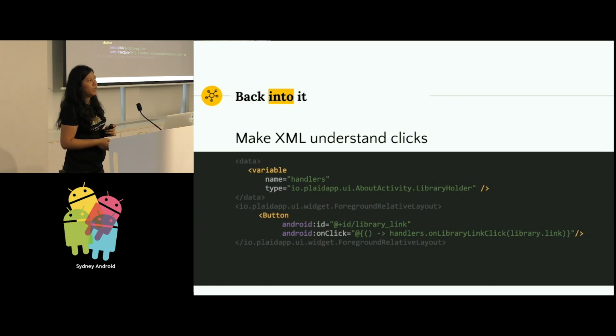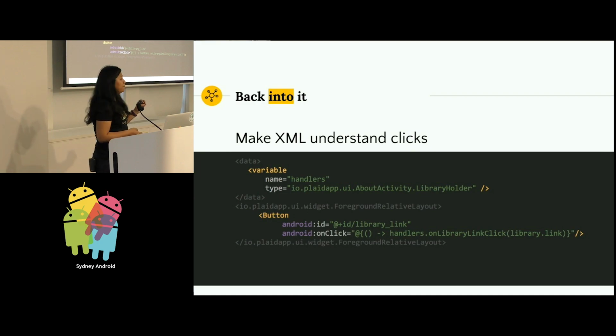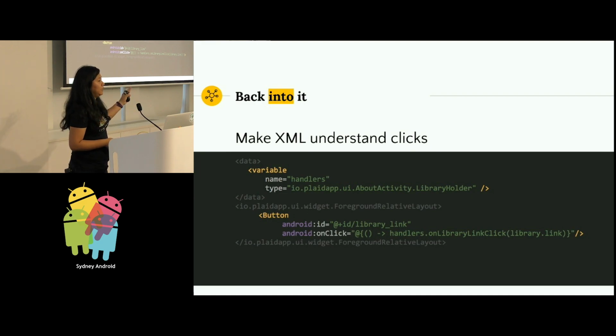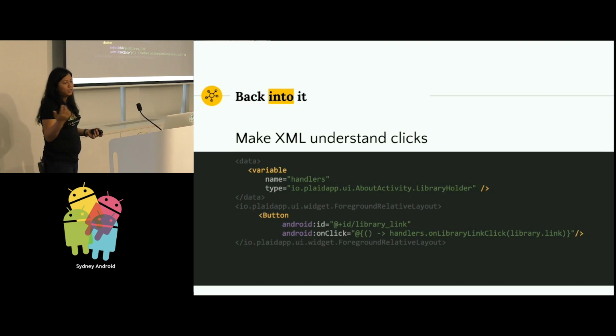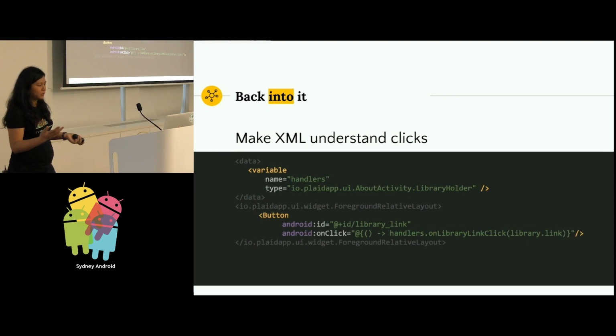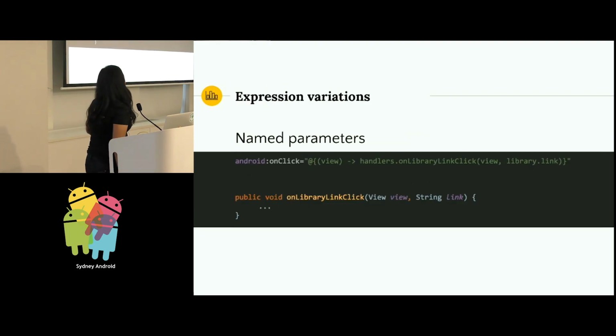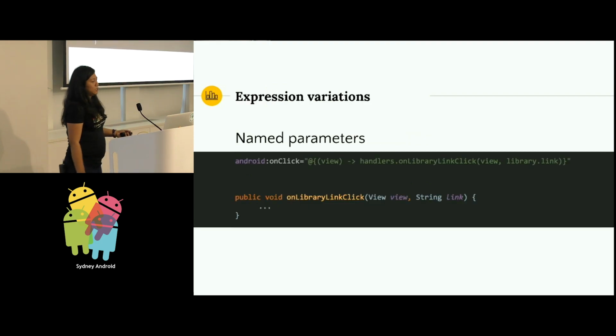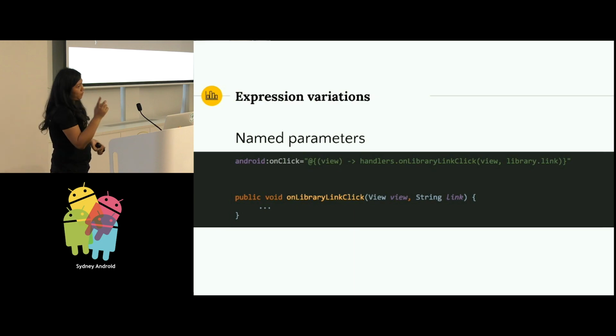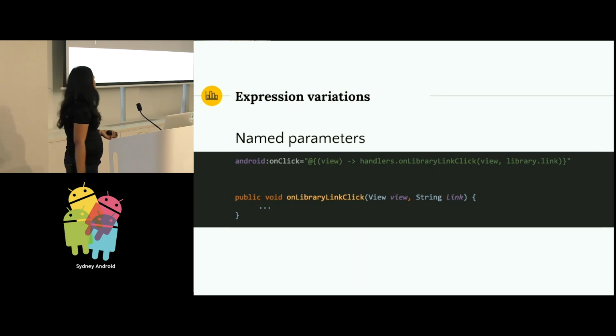The thing to remember here is that the implementation of your on-library-link-click method must match the return type of the actual event you are listening to. For example, if you are listening to an onLongClick, it returns a Boolean, so your implementation would have to return a Boolean as well. If the event has parameters, in this case onClick has one parameter in the framework implementation called view.